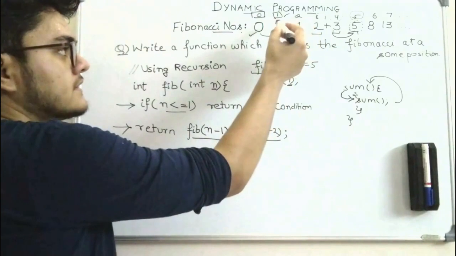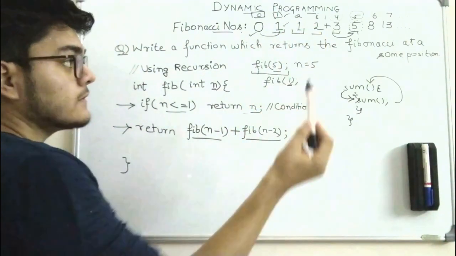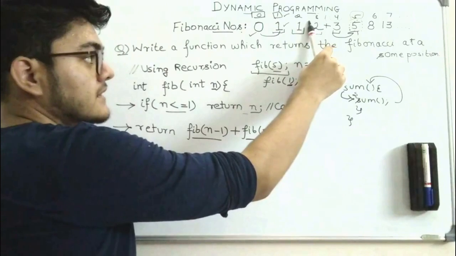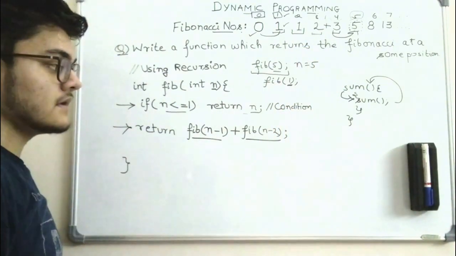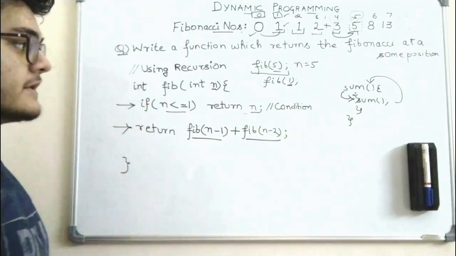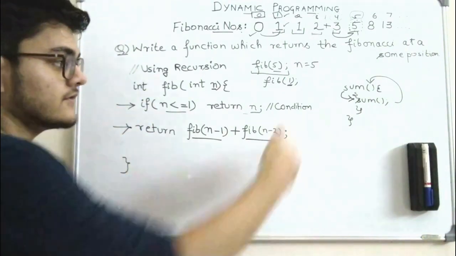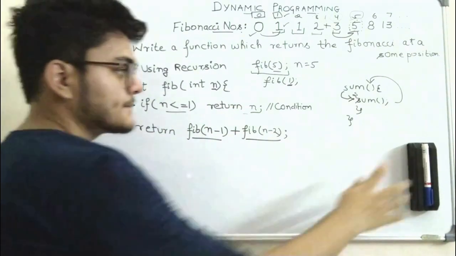Then it will call the Fibonacci number at the 1st and 2nd position, because if you want to calculate the Fibonacci number at the 3rd position, you will have to first calculate the previous two numbers. For simple explanation, I'm going to draw a recursion tree here, which will show how this recursion is going on.